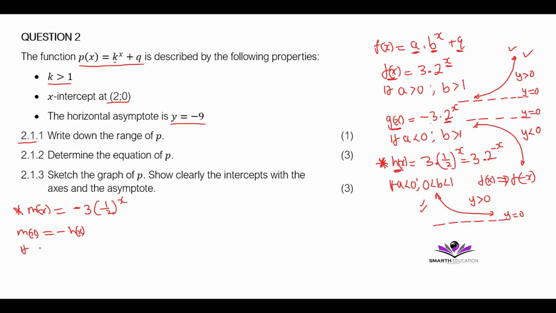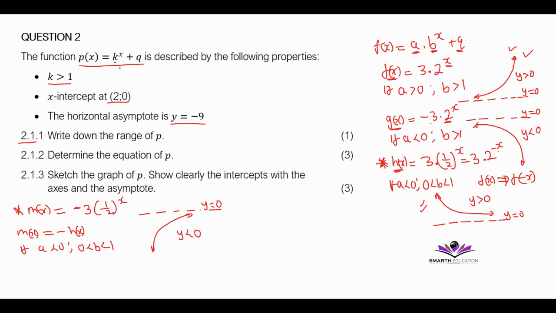If a is less than 0 and b is greater than 0 but less than 1, then the graph is shaped like this. It's an increasing graph. So y is equal to 0, and the range is y less than 0 because the graph is below the asymptote.